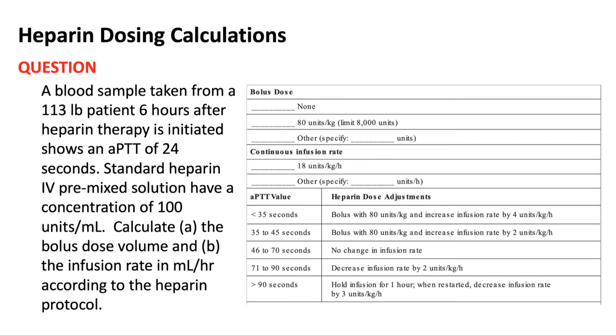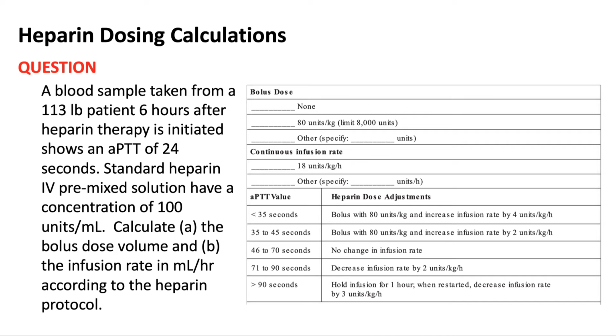Now, going back to the question, it says, standard heparin IV comes as a pre-mixed solution that has a concentration of 100 units per ml. So what we want to do is A, calculate a bolus dose volume, and B, the corresponding infusion administration rate in milliliters per hour according to the heparin dosing protocol shown here on the right.